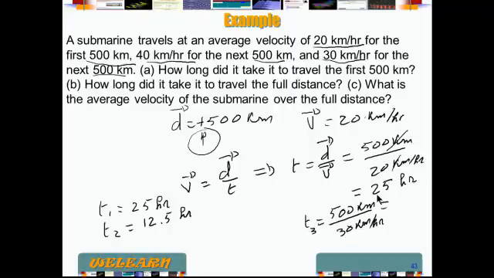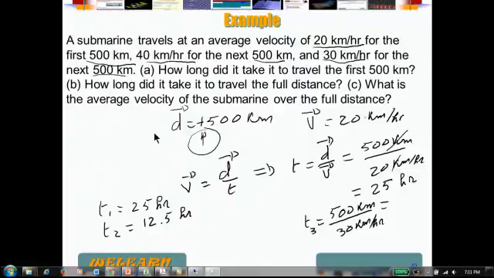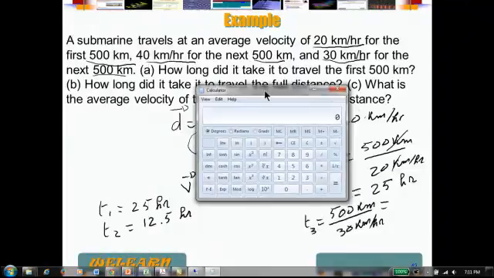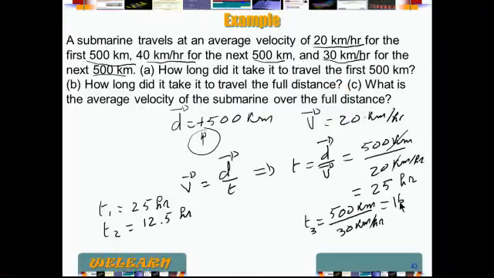And so I'm going to need to pull in my calculator. So that's 16.7 hours. You know, it's the average of these two numbers because 30 is halfway between them.